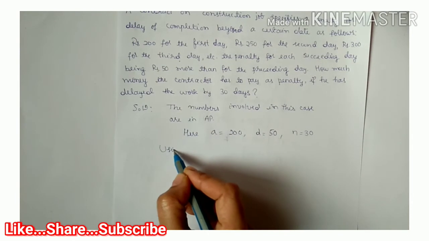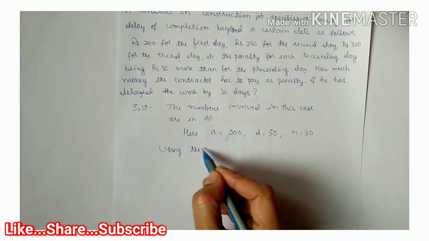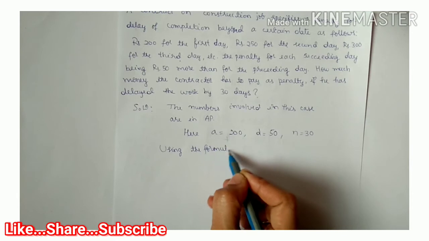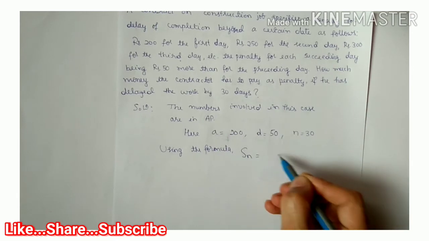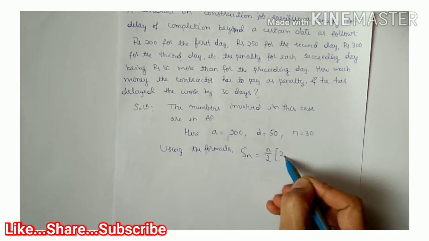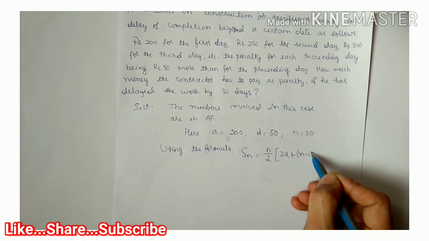Using the formula Sn is equal to n by 2, 2a plus n minus 1 into d.